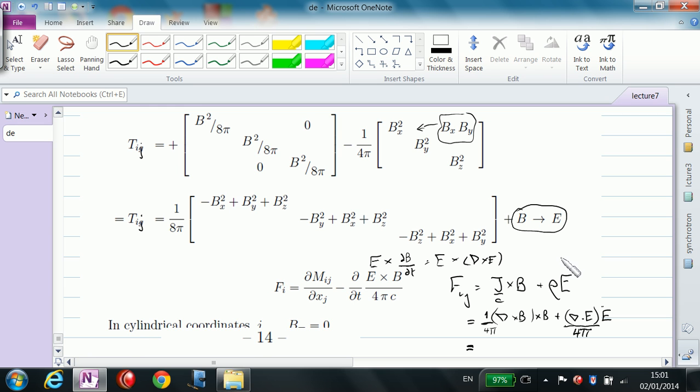So, what's Maxwell's equations? E over c dt is equal to curl B minus 4 pi J over c.